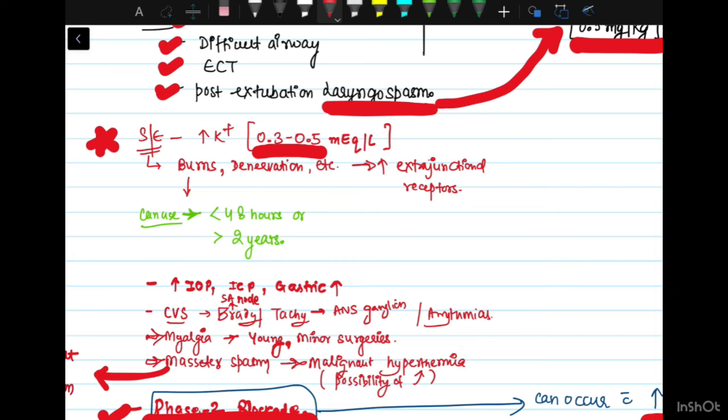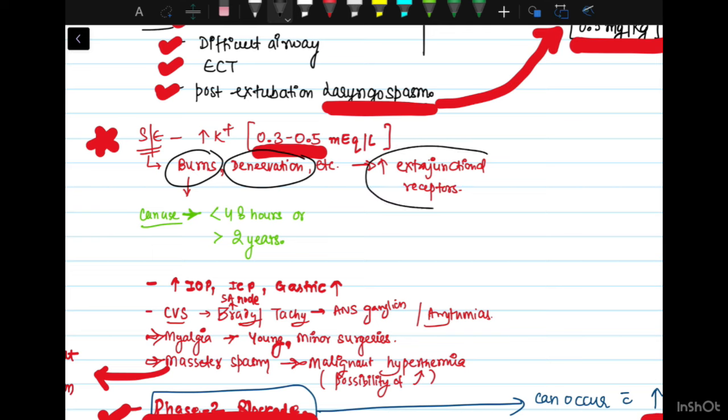Suppose the potassium is on the normal side. Even if it increases by 0.5 milliequivalent per liter, it increases only transiently, so that is not going to affect. But suppose the patient has chronic kidney disease, or burns, or there was some denervation hypersensitivity.